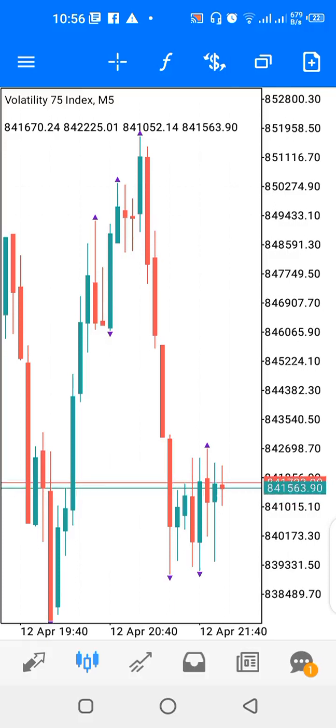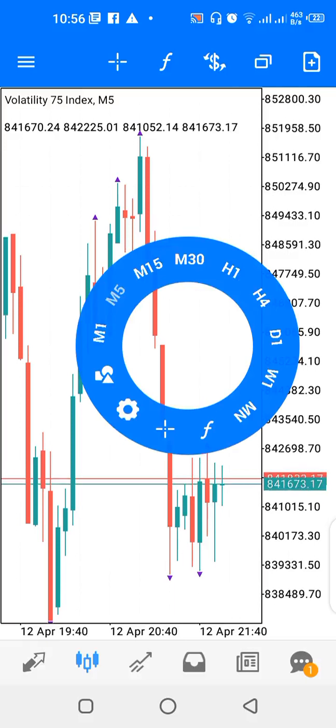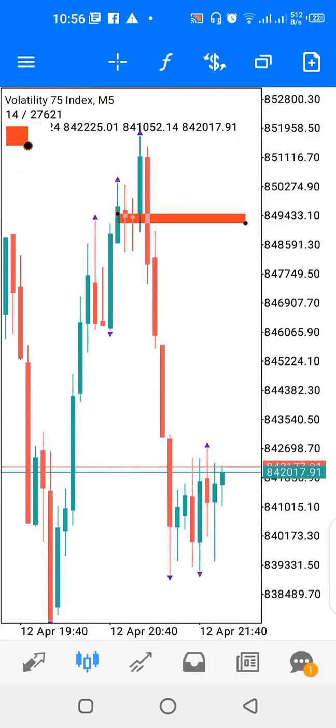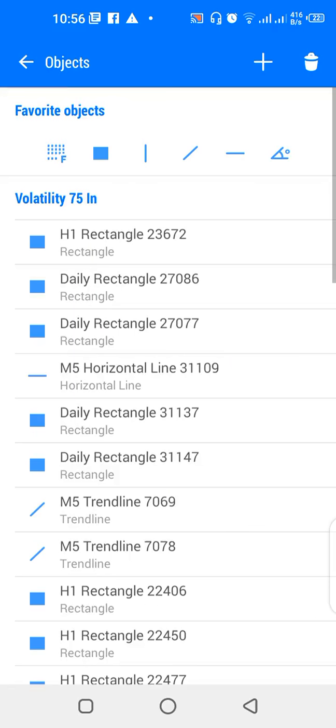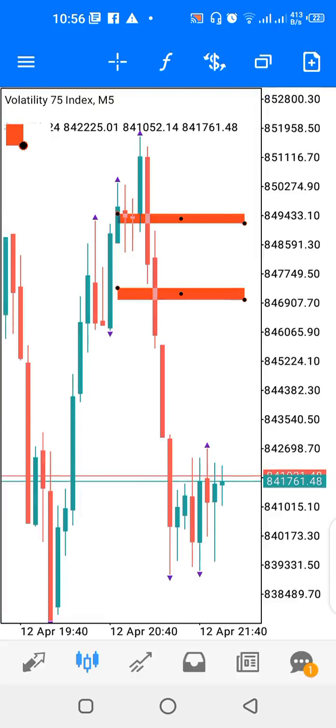The V75 Grail-Hedge strategy is a very good strategy where you place a trade, like you place a trade around here, and then you place hedge trades to hedge the trade somewhere below or somewhere above.